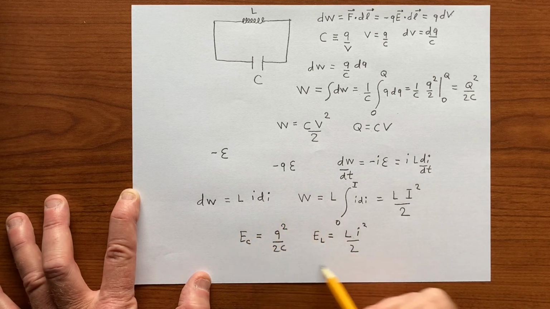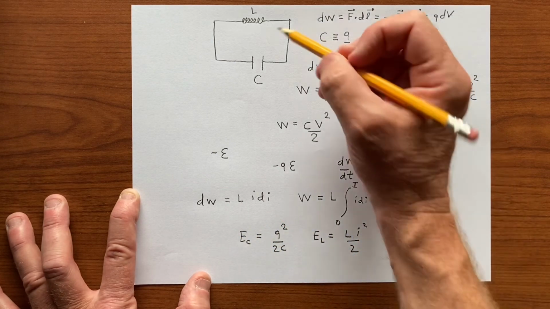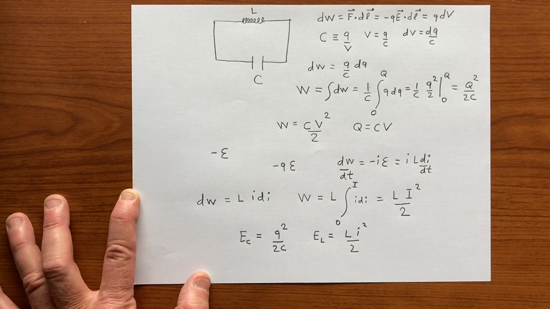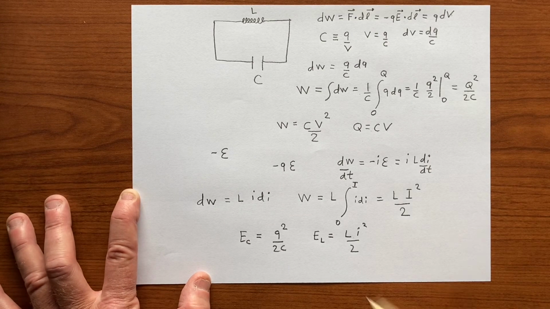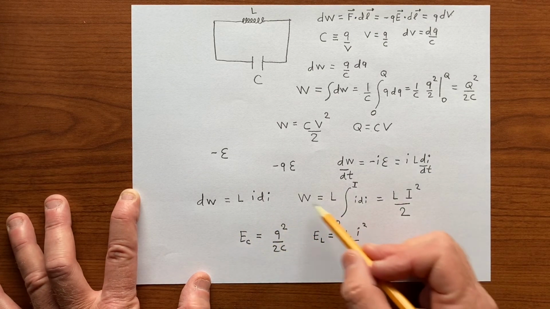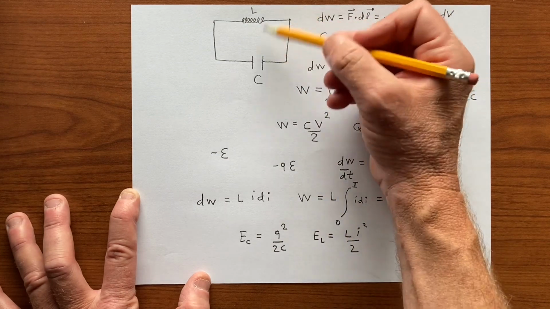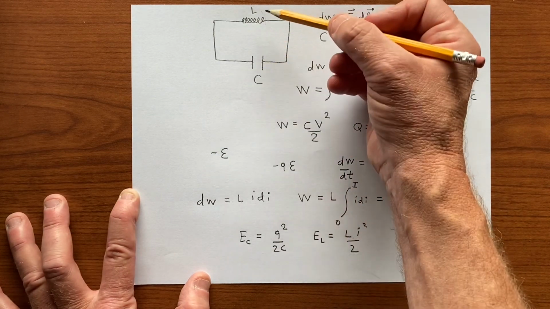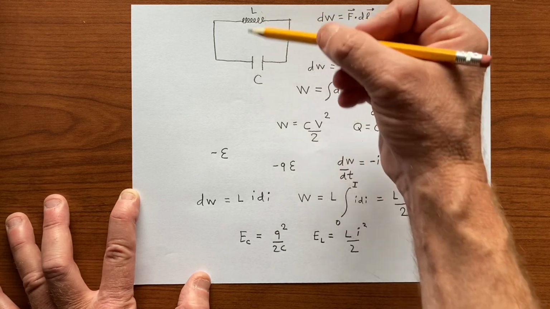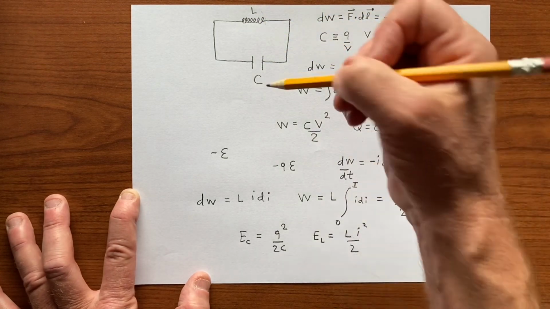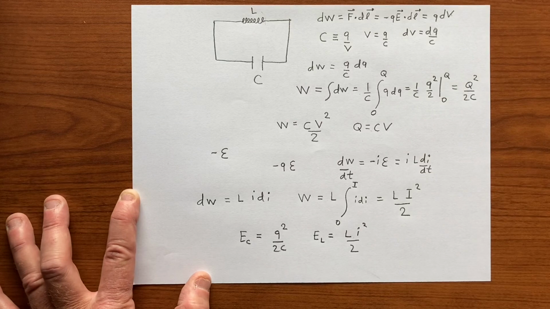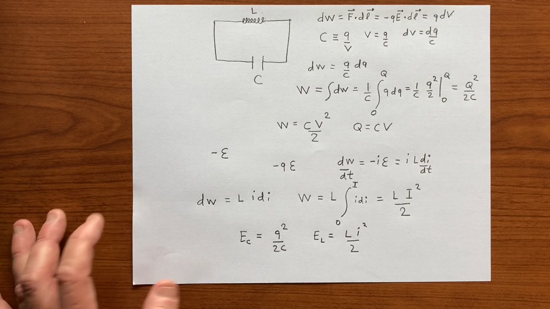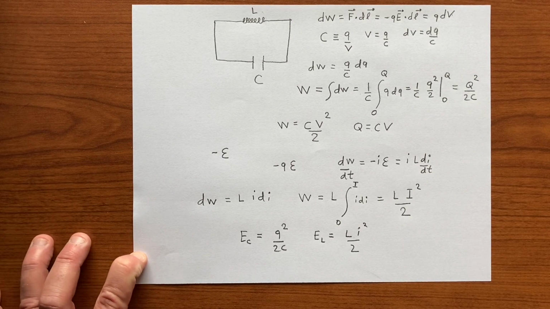And these two things added up together will give us the total energy in the LC circuit, and we'll see that the energy in the LC circuit doesn't exit the circuit, that it flows from the magnetic field to the electric field, or from the capacitor to the inductor and vice versa, in the same way that the energy goes from potential to kinetic in a simple harmonic oscillator.